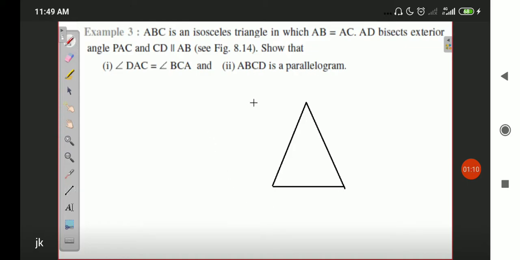Let me name it ABC. Here length AB and AC are equal. AD bisects exterior angle PAC.